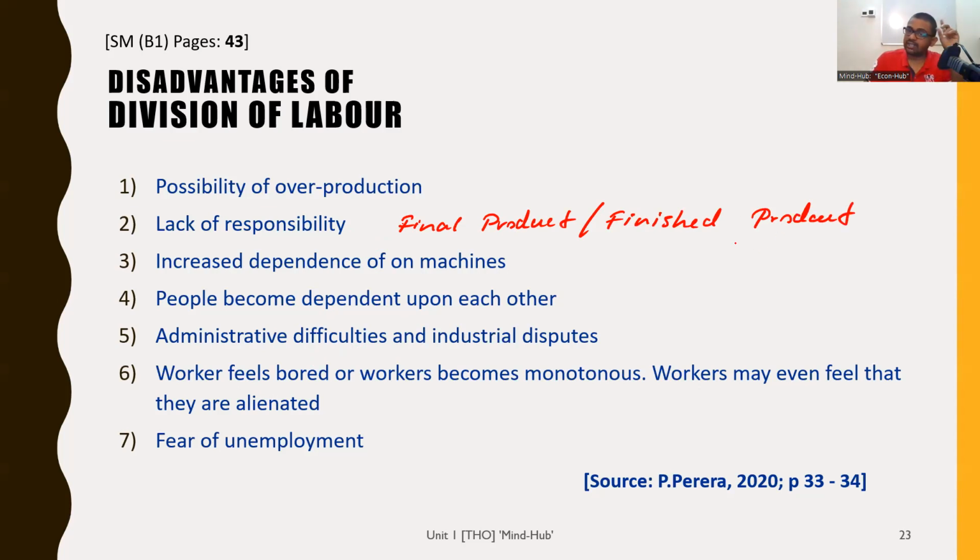Now, in the traditional system, each person goes through all the stages of making each pin. So when that pin is put into the bucket, and if it has a problem, you can say, okay, you're having a problem with your work. But here, each component is made by different teams of people or individuals. So no one will take the responsibility for the final product or the finished product.